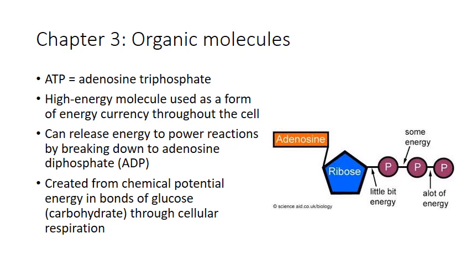Now when you cleave off, or remove, one of these phosphates, you're releasing some of that energy. So you have this big molecule with these 3 phosphate groups, and just by releasing one of these phosphates off of the ATP, you can release a lot of energy into the environment.